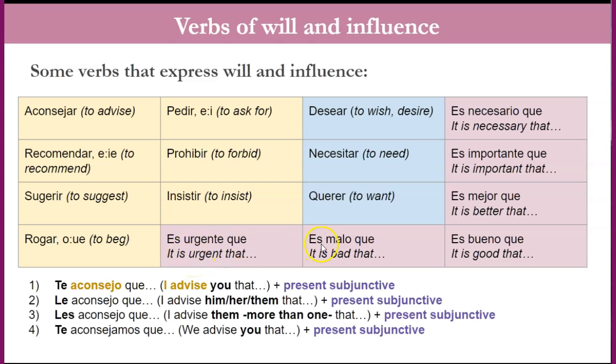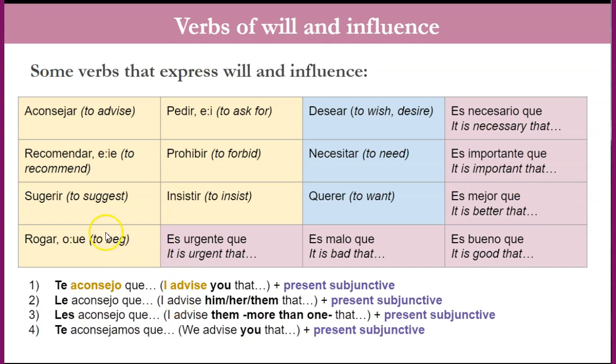Es urgente que, es malo que, es bueno que, es mejor que, es importante que, es necesario que, etc. As you can see, these are called verbs that express will and influence because you are expressing the will of someone over somebody else, or the influence of something or someone over somebody else.